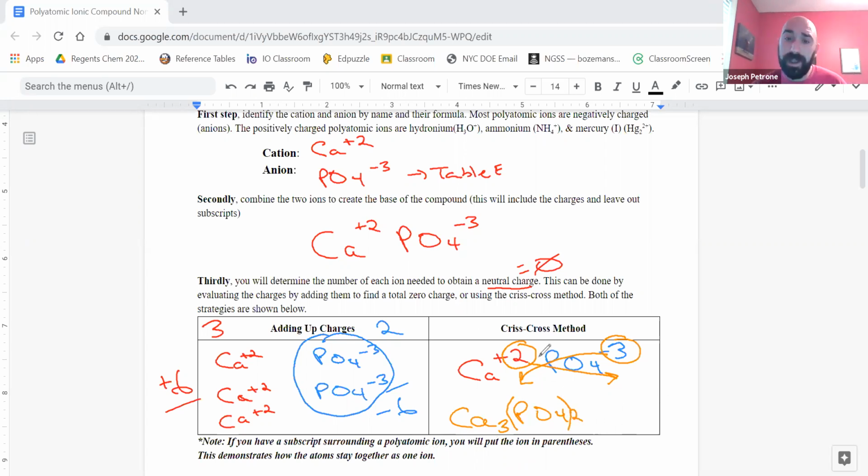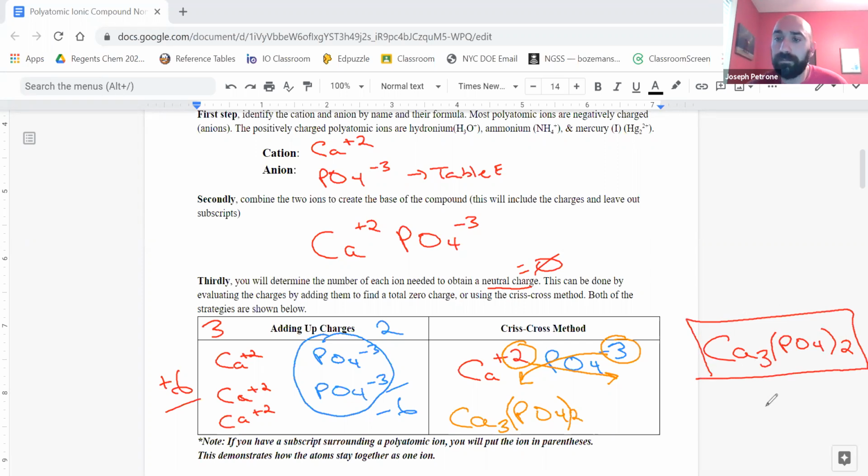So our final written formula is going to be Ca3(PO4)2. So once again, we have our 3 calciums from here.